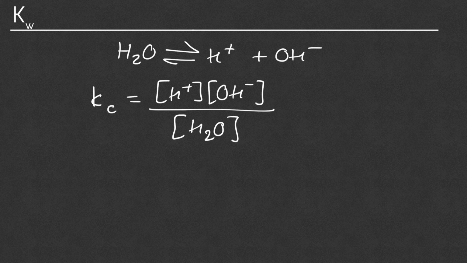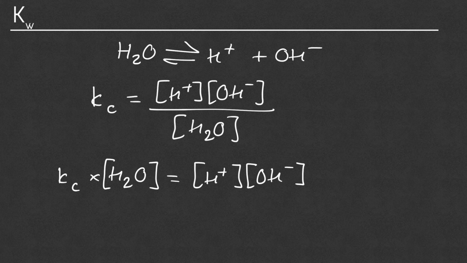Now water only dissociates a tiny amount, so the equilibrium will lie so far to the left, we can consider the amount of water to be constant. Given that we consider the amount of water to be a constant in this equation, we can rewrite it as follows. To help us simplify this equation, in chemistry we say that Kw is equal to the Kc times the concentration of H2O.